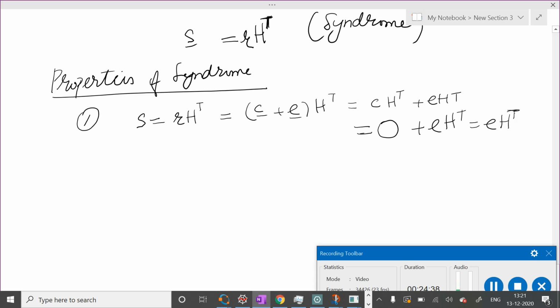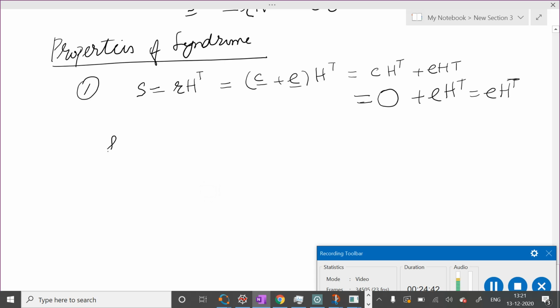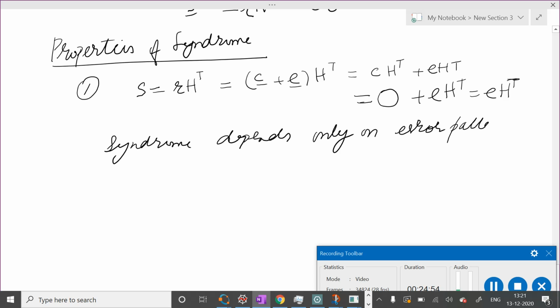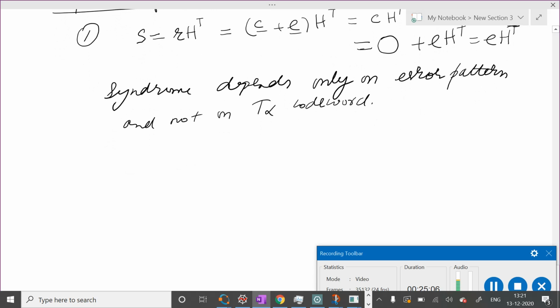This is one important thing. So we can say that the syndrome depends only on the error pattern and not on the transmitted code word.